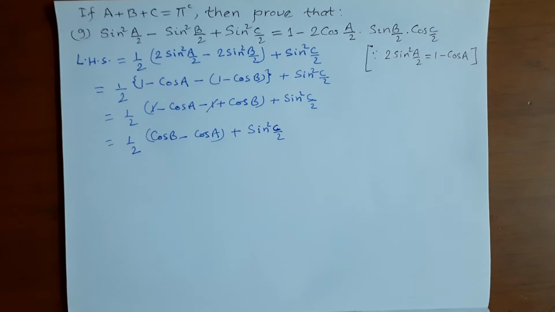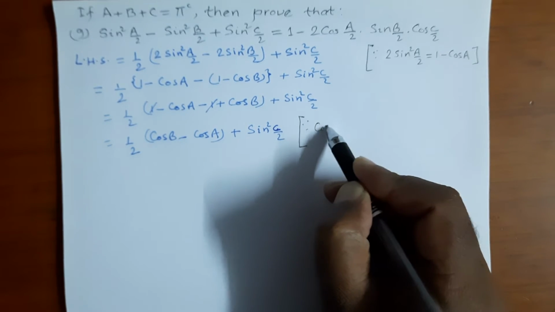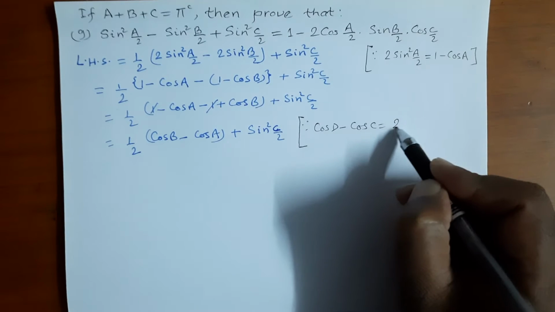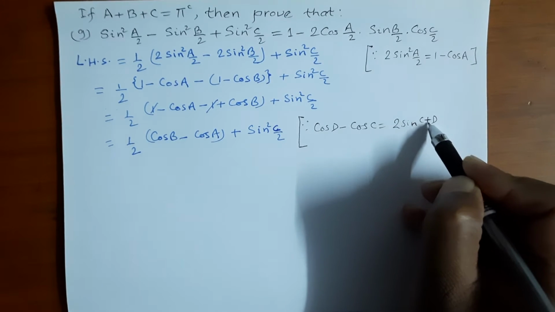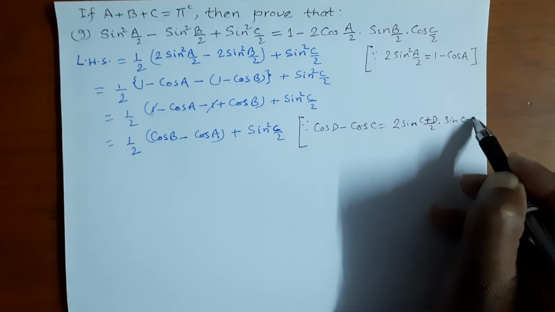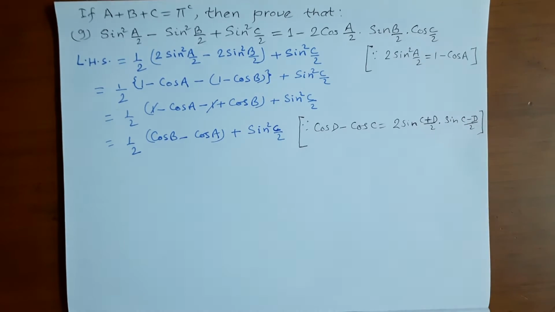And now we can use the formula for cos D minus cos C. Our formula is cos D minus cos C equals 2 sin of (C plus D) over 2 times sin of (C minus D) over 2, okay?